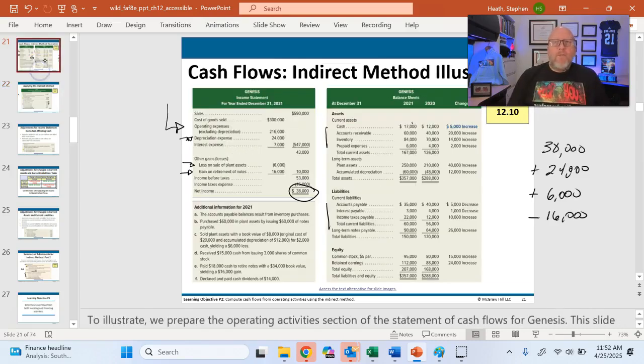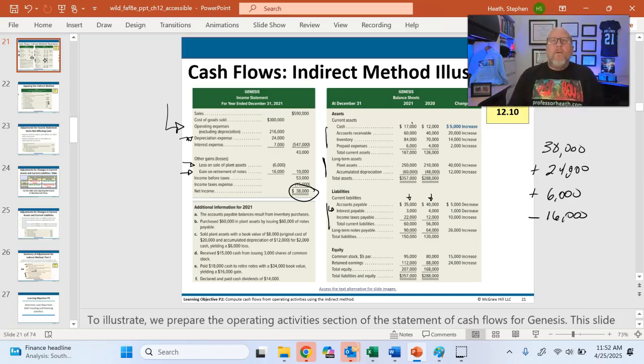Then, we're not dealing with long-term assets because that's the investing section. So I'm now going to jump down to my current liabilities. Accounts payable was 40,000 in 2020, and then it's 35,000 in 2021.